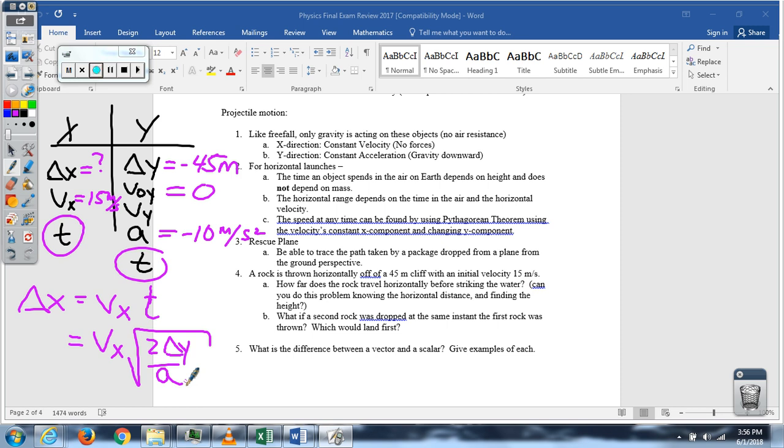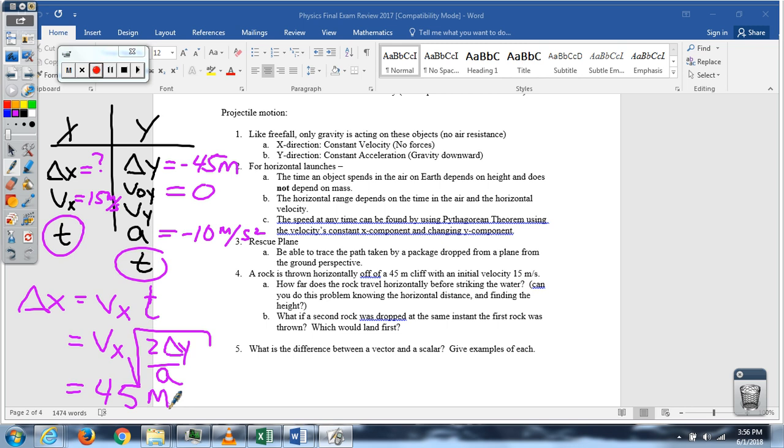I'm going to do it on my calculator also. So I'm going to do 15 times the square root of 2 times 45 divided by 10. The negatives cancel, which is good because you can't have a negative inside the square root. And you end up getting 45 meters. So just coincidentally, it makes it just as far forward as it does down in this situation.